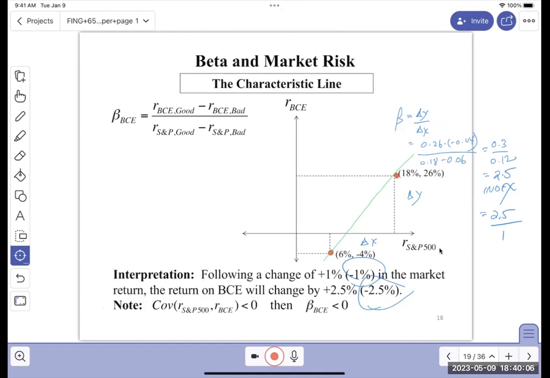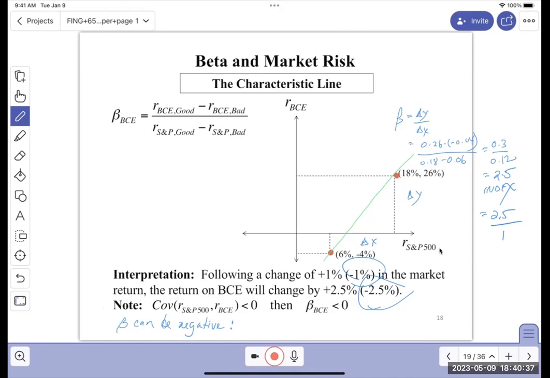So here in this case, beta is positive, but beta can also be negative. What would be an example of a firm with a negative beta? What would describe what is beta?